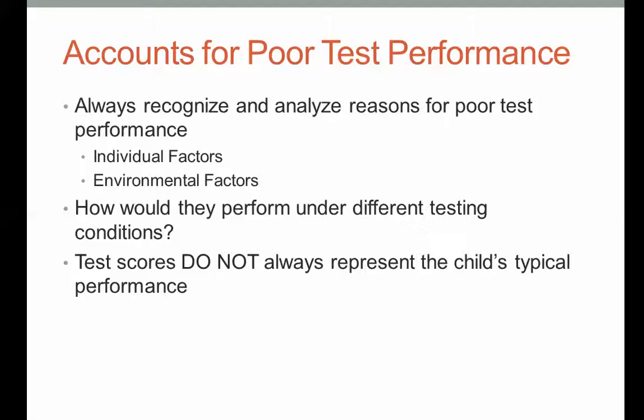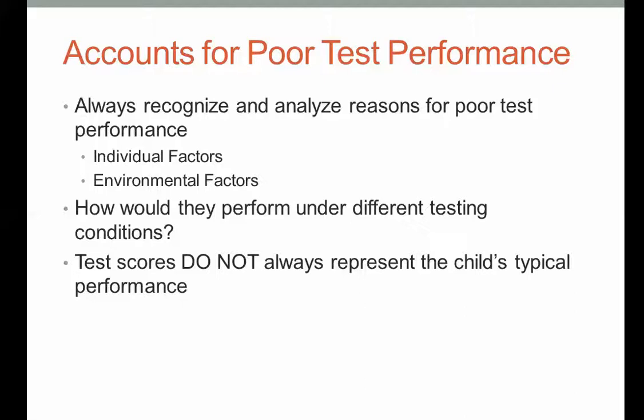So it's important to analyze student performance, look at those areas of weakness, and see what variables account for that poor test performance. It can be things like individual factors, which are listed in a chart on page 46. So a student's poor performance can be attributed to individual factors or environmental factors. Why are they performing so poorly?